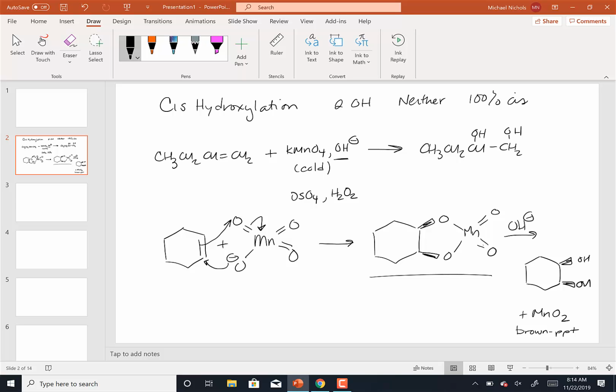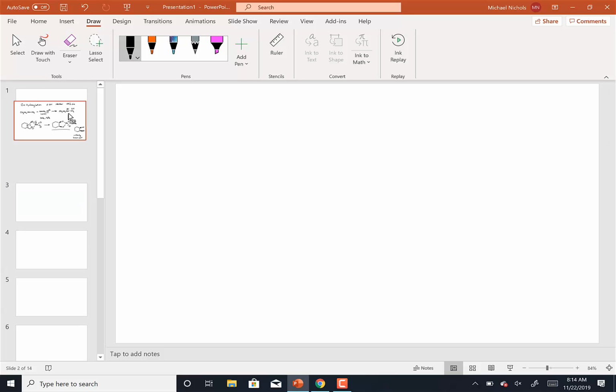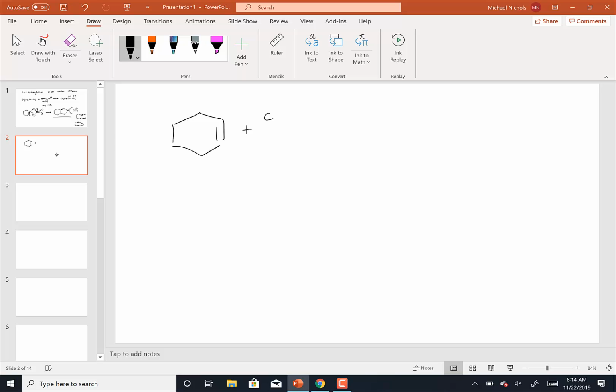So for the osmium tetroxide, it's exactly the same thing. I would have the osmium tetroxide look exactly like that. It looks very similar to the permanganate.